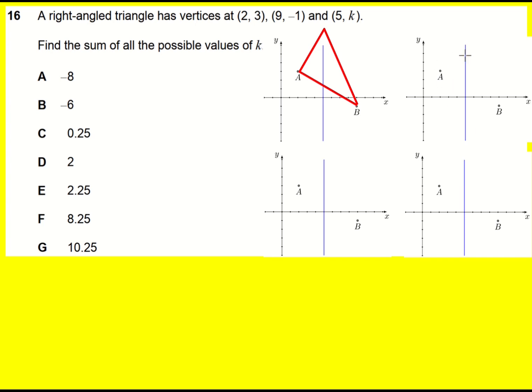If I then lower it a little bit, let me put that back in, I could get a right angle at C. This is point C. Okay, so I've dealt with those two.